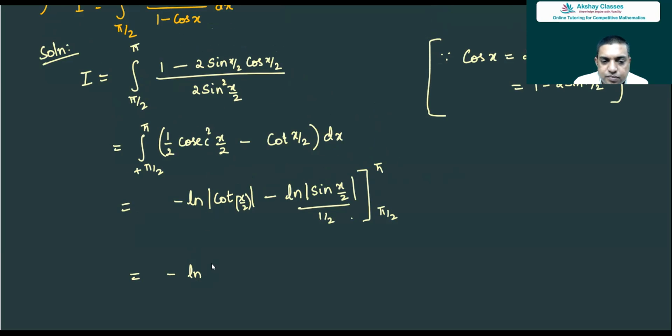Okay. Log mod cot pi. I'll explain how to do this one. Minus log mod cot pi by 4.